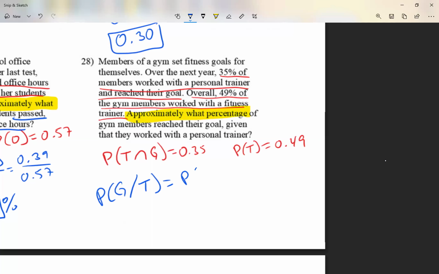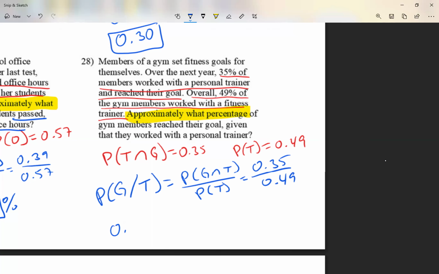So I have to go probability of goal and trainer divided by probability of trainer. 0.35 divided by 0.49 is 0.714. The fourth is small. If it was probability, I would have called it 0.71. But because it's asking the percentage, this is basically 71%. It's okay if you guys just write 71.